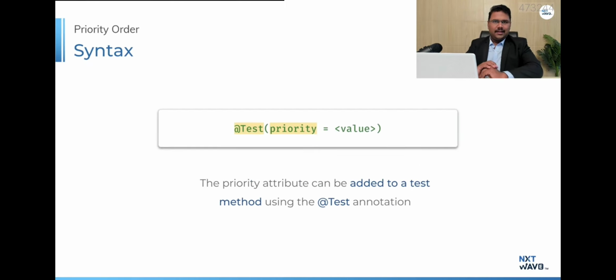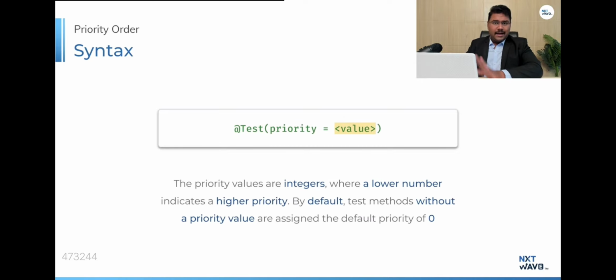Okay, and the syntax is something like this. We'll write the @Test annotation, and with that we'll give the brackets, use the priority attribute, and then mention the value over here. Okay, right? So the priority values are integers, where the lower number indicates the higher priority. Let's say you have 1, 2, 3, 4, and so on, the priority number 1 will be executed first and so on, right?